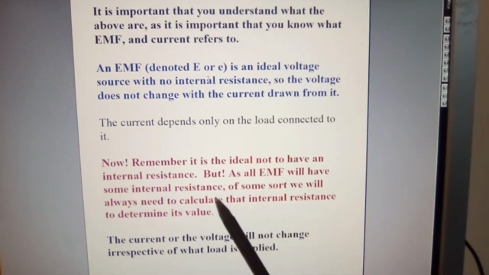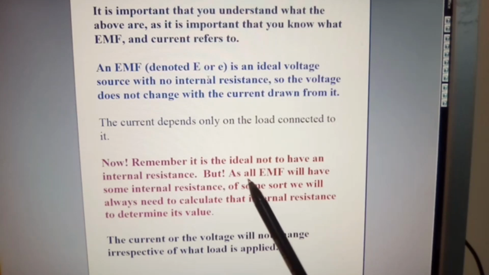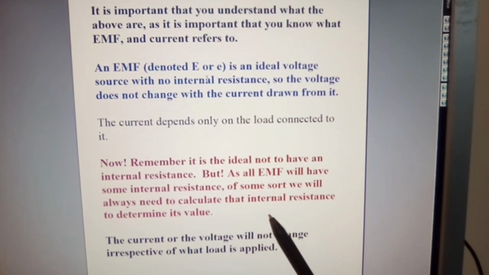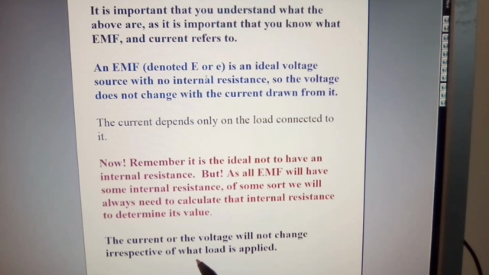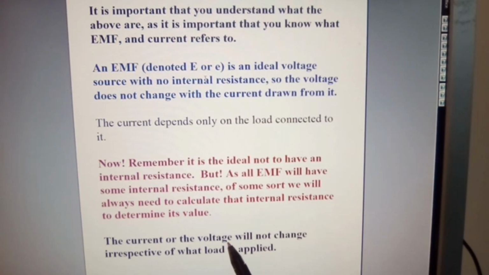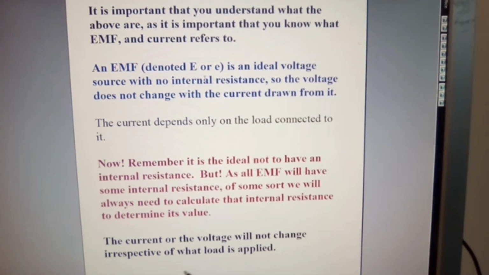Now remember, it is ideal not to have an internal resistance, but as all EMF will have some internal resistance of some sort, we will always need to calculate that internal resistance to determine its value. The current or the voltage will not change irrespective of what load is applied.